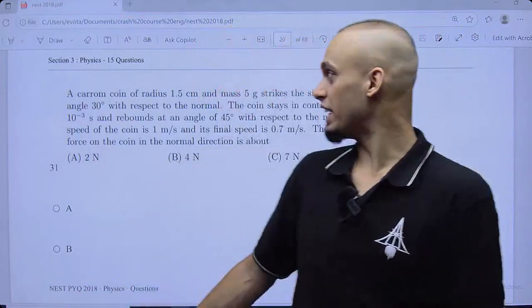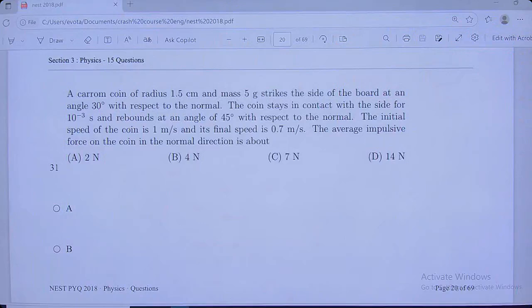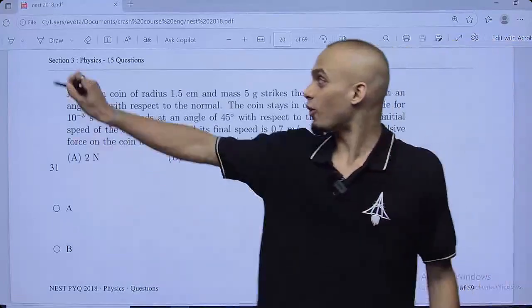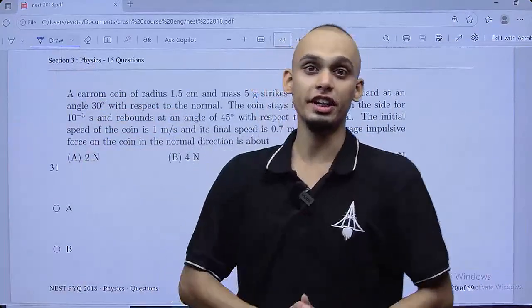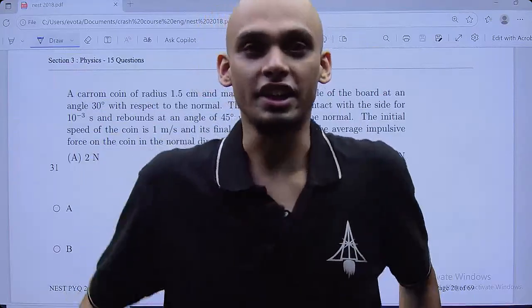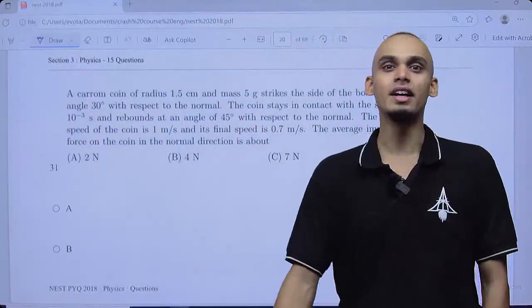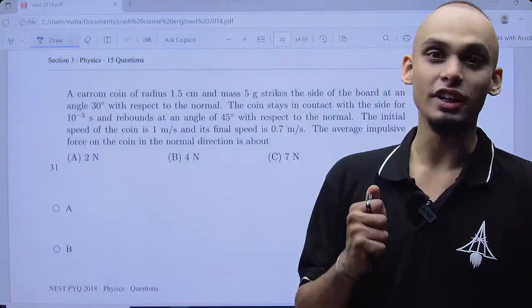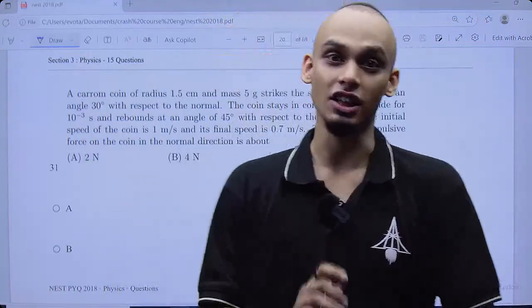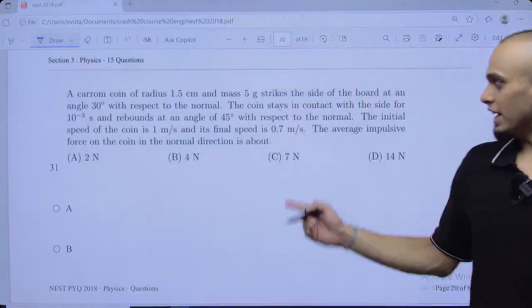Starting from 2018 to 24, every single PYQ we will take a look at and analyze how the level of question is changing year by year, what kind of an approach Nest demands for solving at least the physics section. Let us see. Of course, we can't solve each and every question for each and every step. So you might have to fill in a few steps yourself, but nonetheless, every single concept, every single answer, we will see.